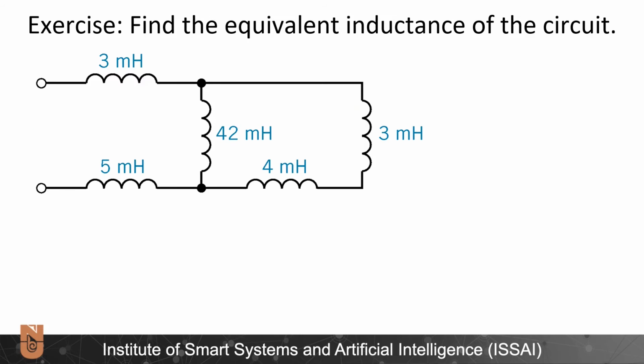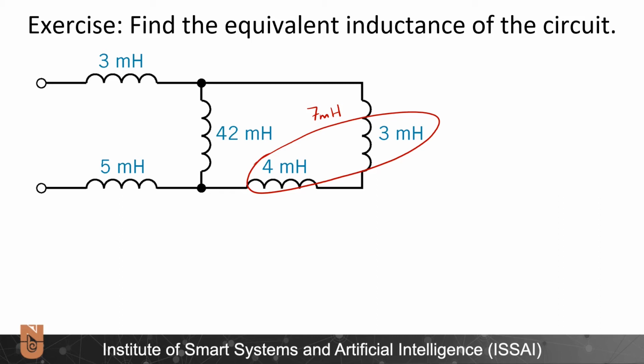Now we need to find the equivalent inductance of the circuit, and I will imagine that all the inductors are resistors and reduce them, but remember that they are all inductors. So I have 3 millihenries in series with 4 millihenries. So accordingly, this is 7 millihenries, exactly the same as the resistors.